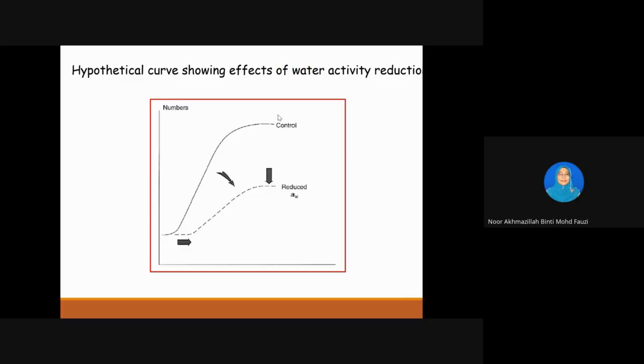But when we do some process, for example dehydration, to remove the water, we can see that the graph will be lower as compared to the control graph. So this graph shows the importance of dehydration, or removing the water, in order to reduce the water activity.